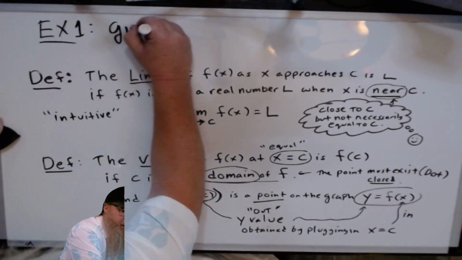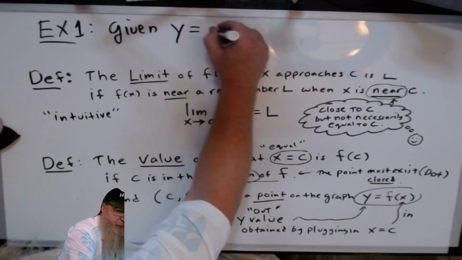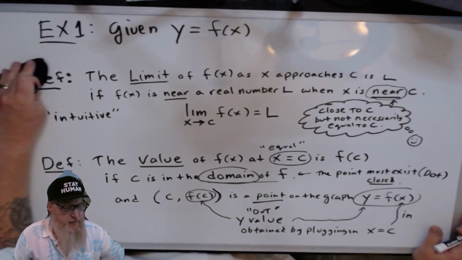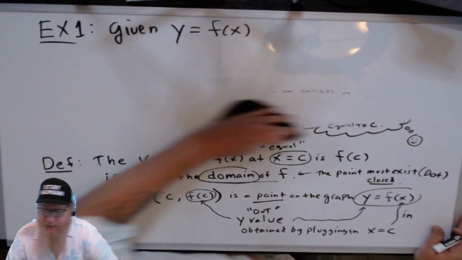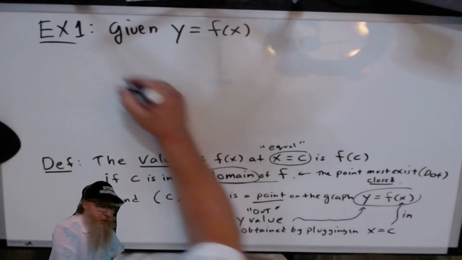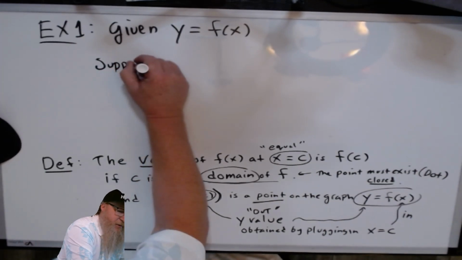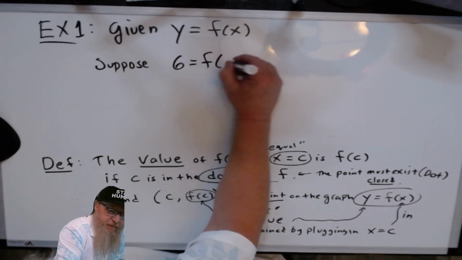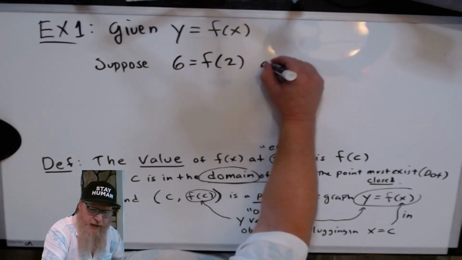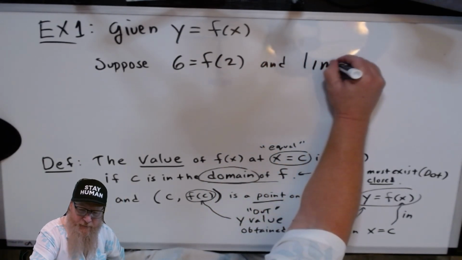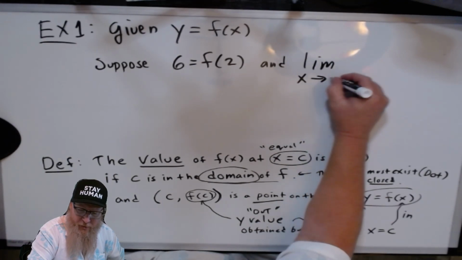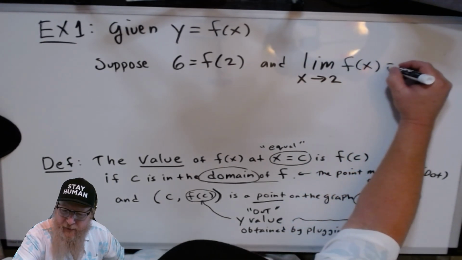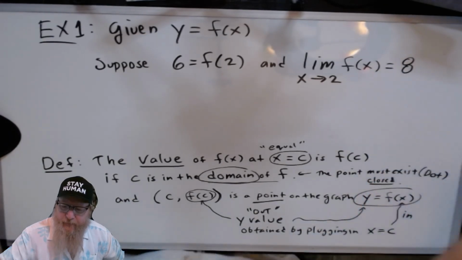So suppose we're given a function, y equals f of x. And let's suppose 6 is equal to f of 2, and the limit as x approaches 2 of f of x is 8.